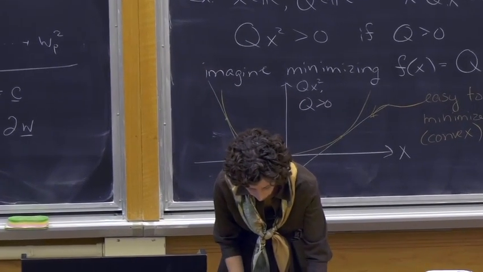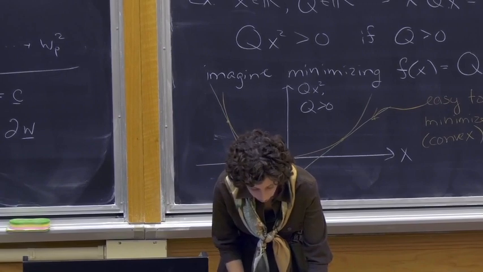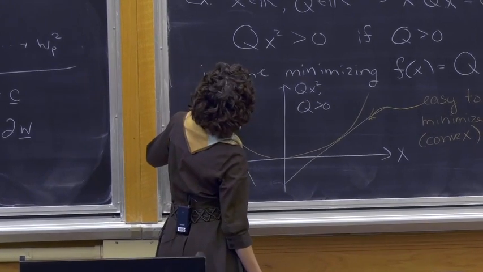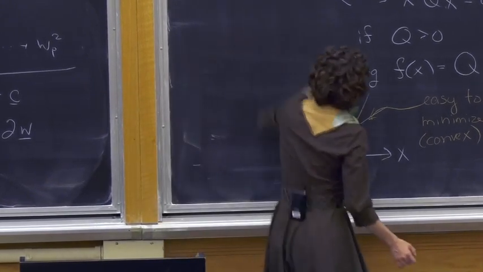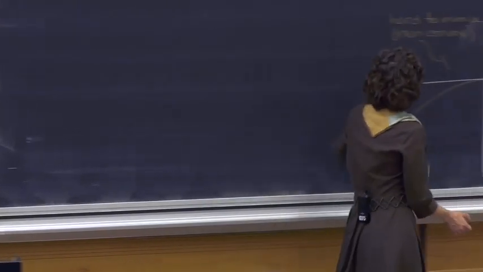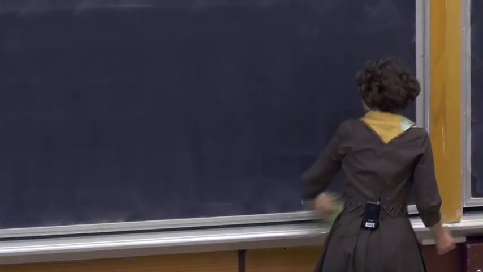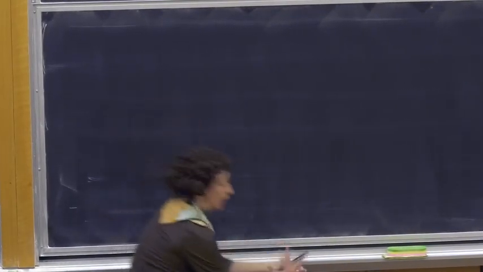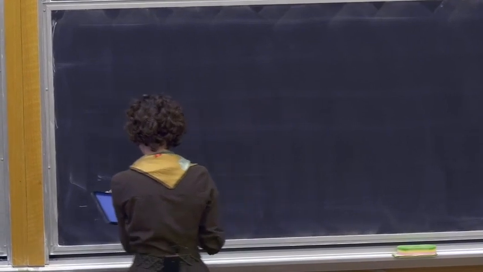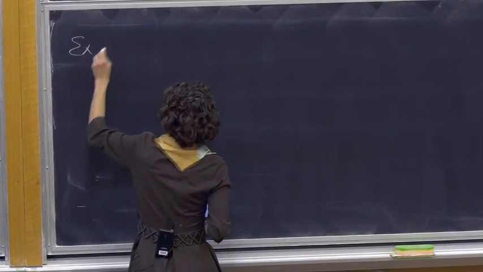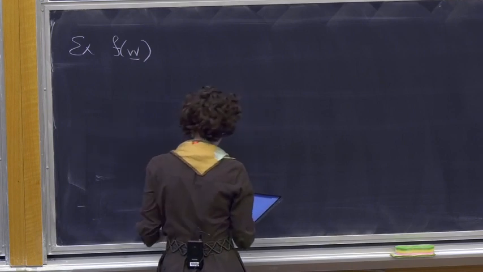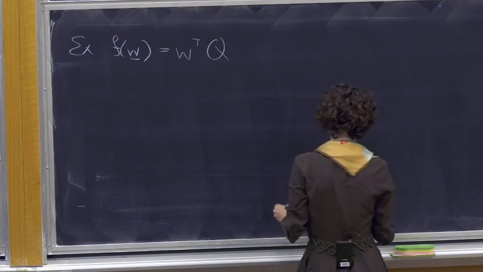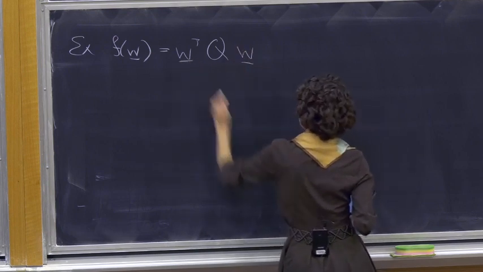Okay, so we just need to figure out one more example, and then we're going to be able to handle least squares. So f(w) now is equal to w transpose Q times w.